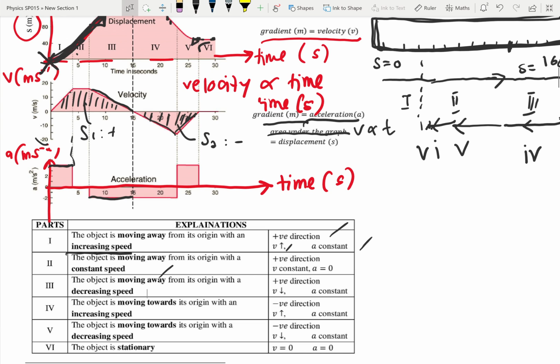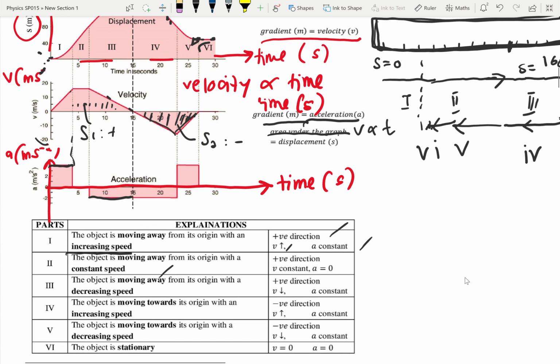In this area v is constant because the gradient here is constant. This is a curve graph for part 1, so gradient increases, speed increases. And then part 2, gradient constant, so speed constant here.